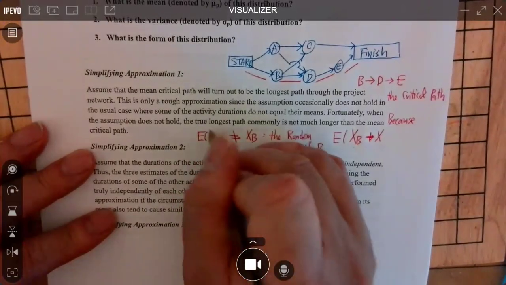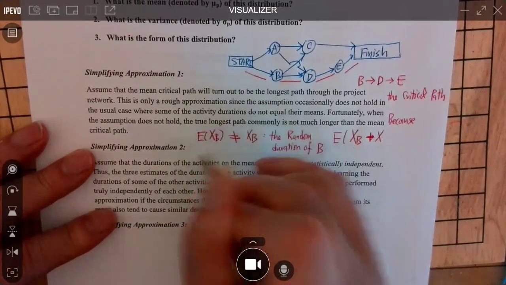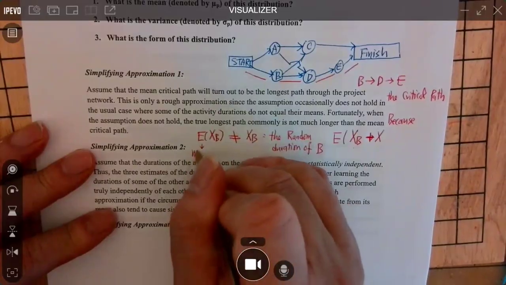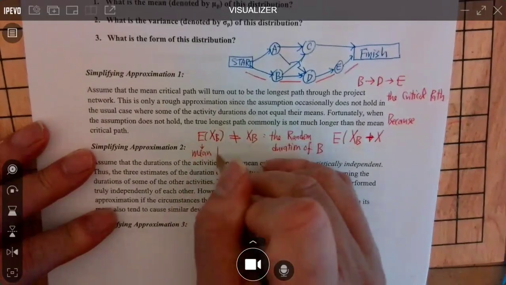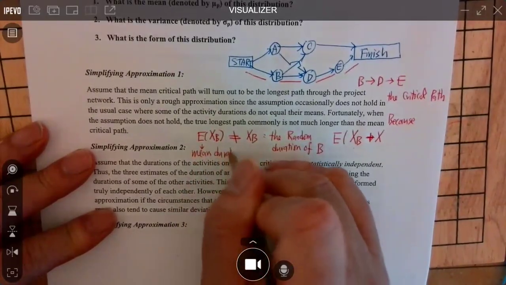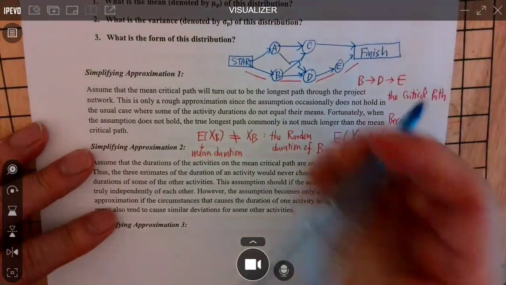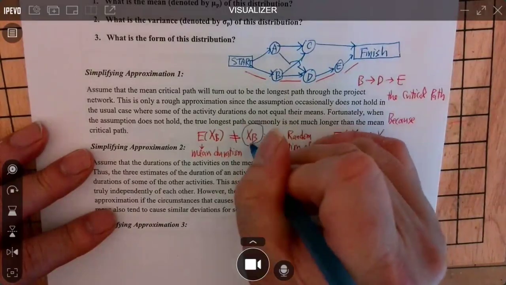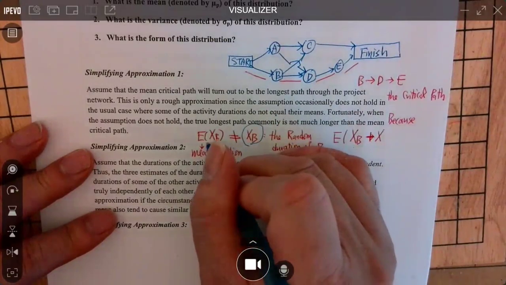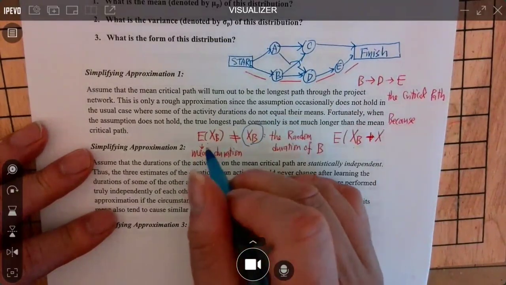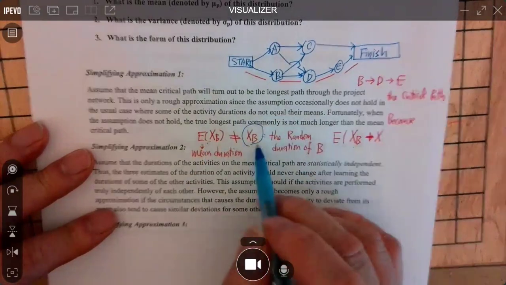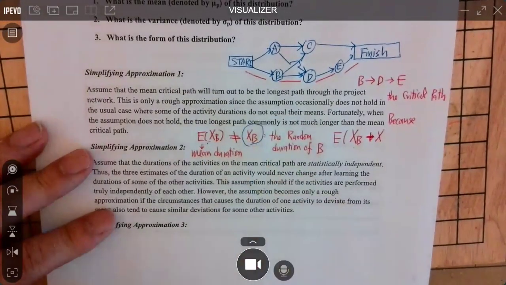And exp is its estimated value. This is the mean duration. Usually, the duration of activity B will not exactly equal to what? Its mean. Okay? This is average. This is what? Random variable.